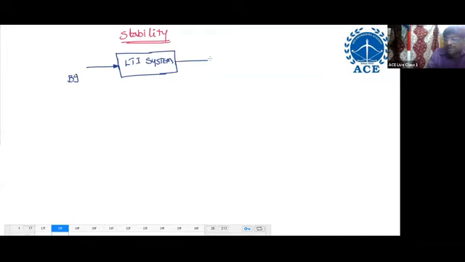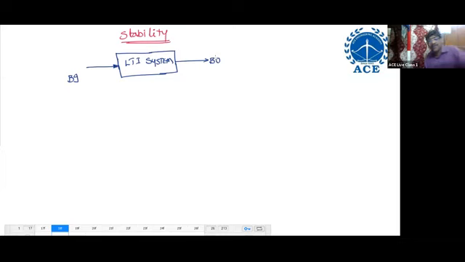When can we say a system is stable? If you take any linear time invariant system, any LTI system, if you give bounded input, the output must be bounded.